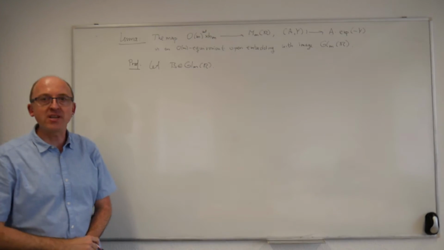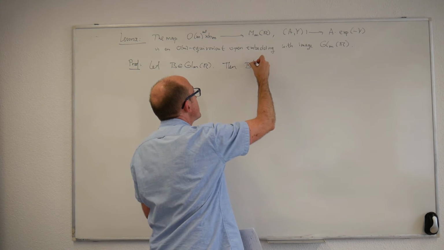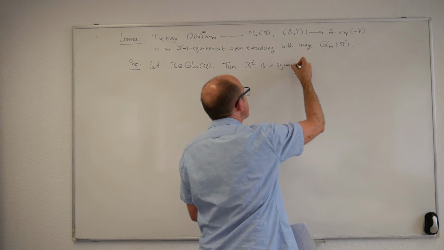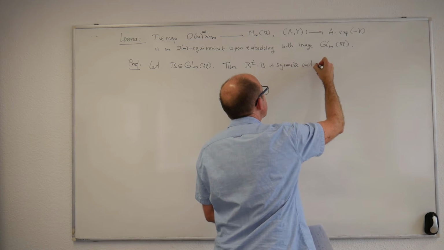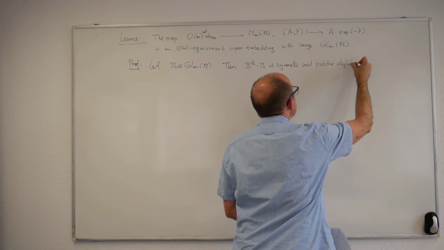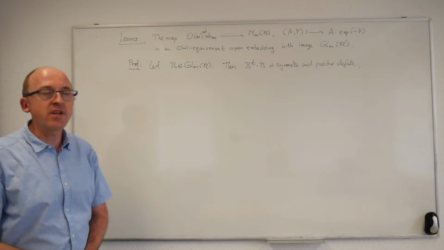Then we can form B transpose times B, which is symmetric and positive definite. In particular, it is diagonalizable with positive real eigenvalues.